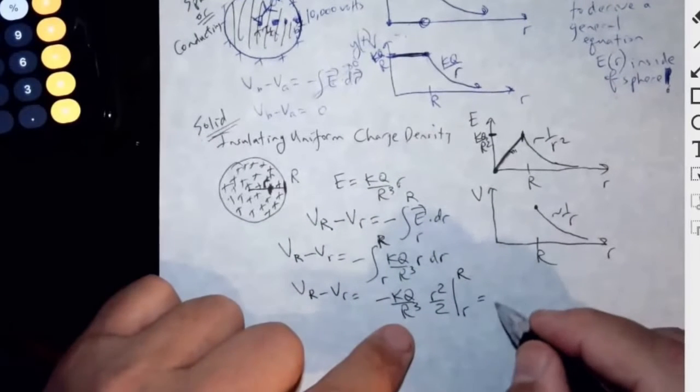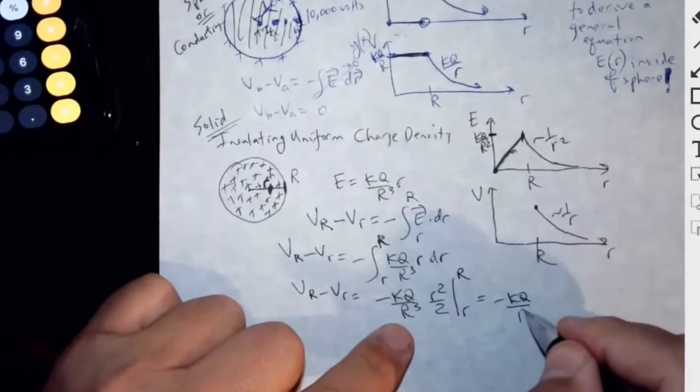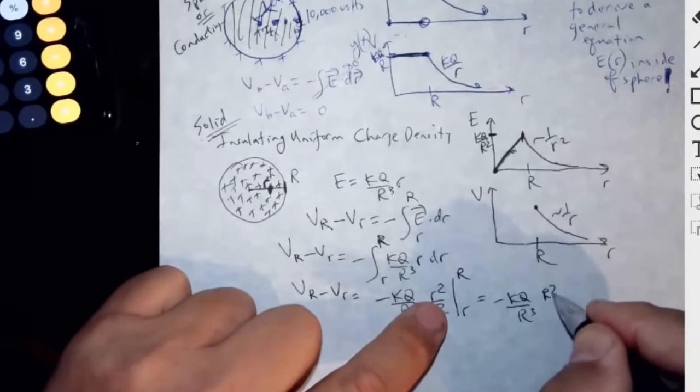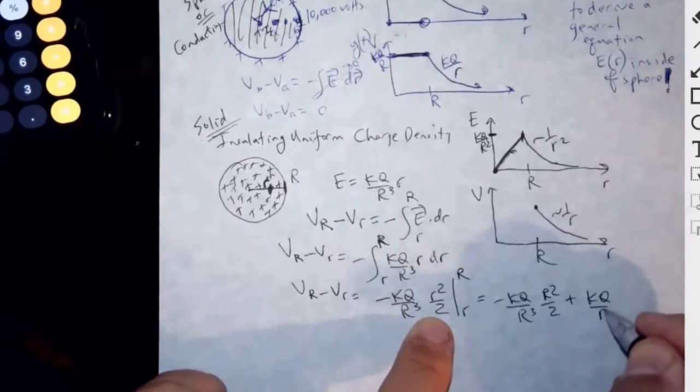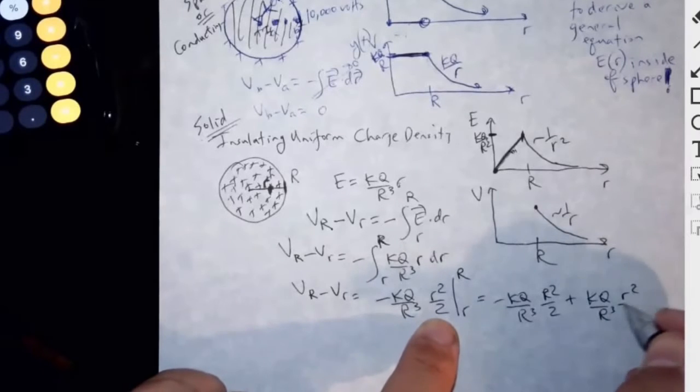You're going to have negative kQ over R cubed, R squared over 2, plus kQ over R cubed, little r squared over 2.